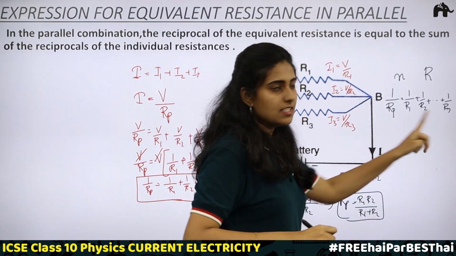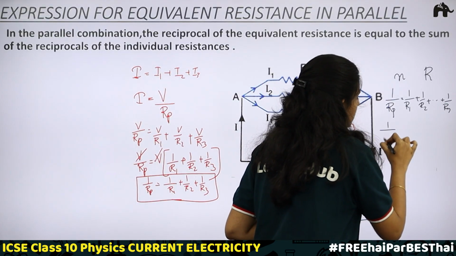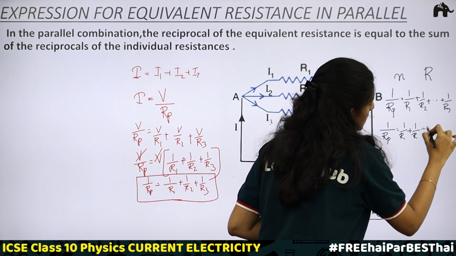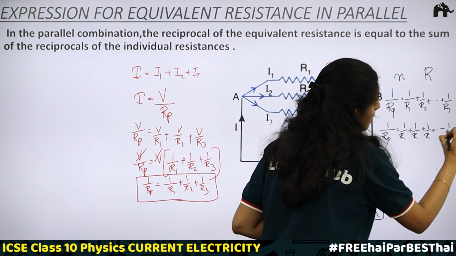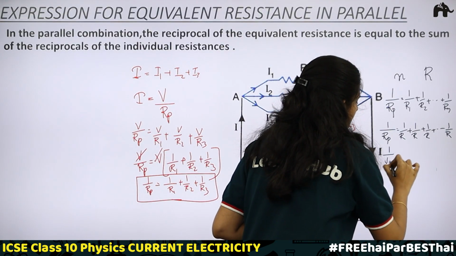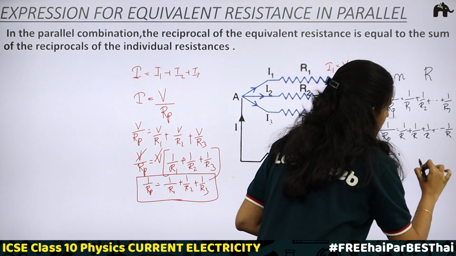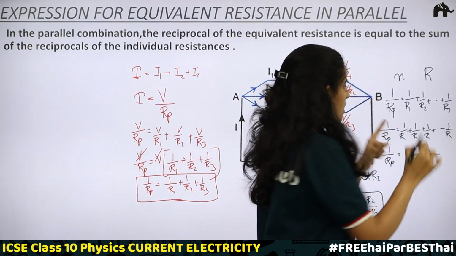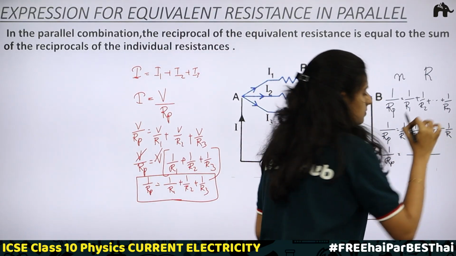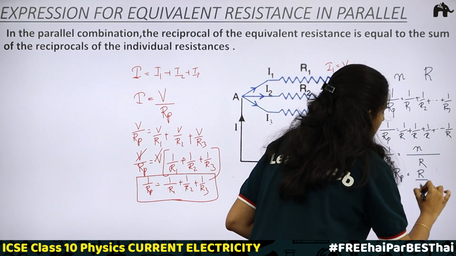Okay, all the resistors are of resistance value R. In that case, we will be getting 1 by Rp equal to 1 by R plus 1 by R plus 1 by R plus etc. plus 1 by R. Okay, so 1 by Rp will be equal to, here denominator is same. What about numerator? 1 plus 1 plus 1 plus 1. How many 1s will be there? N times. Okay, now take the reciprocal. Rp will be R divided by N.